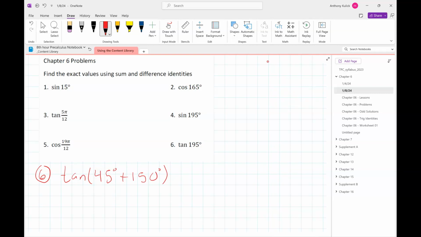So then if I look at my identity sheet, that looks like I should be using SD5. Everybody agree there? Because it's a tan with addition.